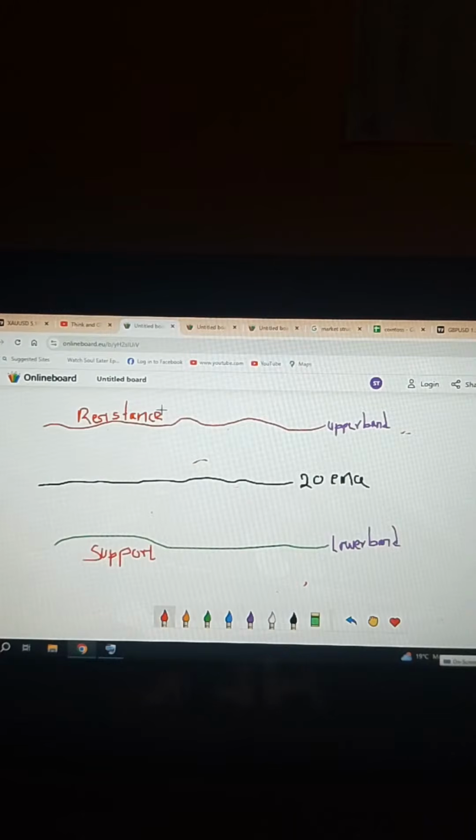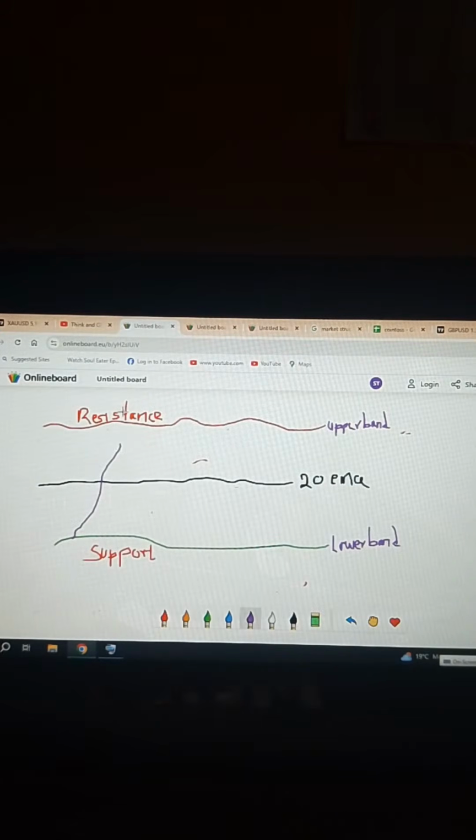Now, you can just be waiting for the candlesticks. Let's assume this color is the candlesticks.